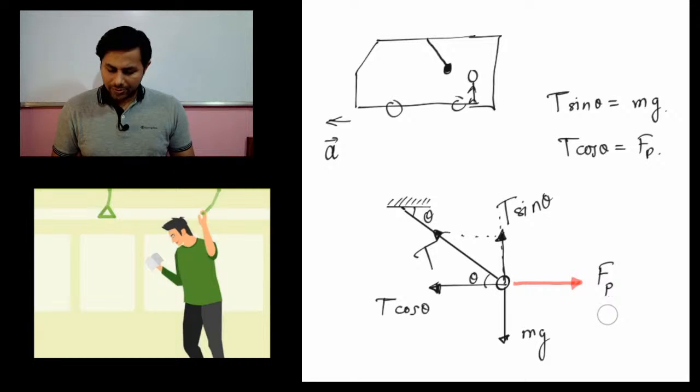So this force is known as the pseudo force. Now we know what pseudo force is: a force to be applied by a non-inertial observer in order to explain the motion of bodies.